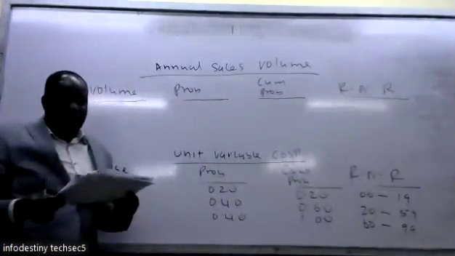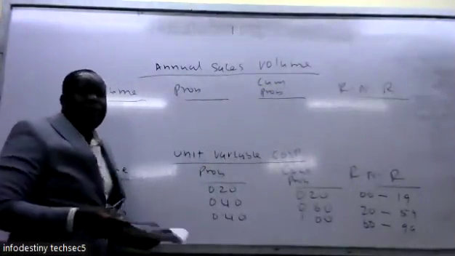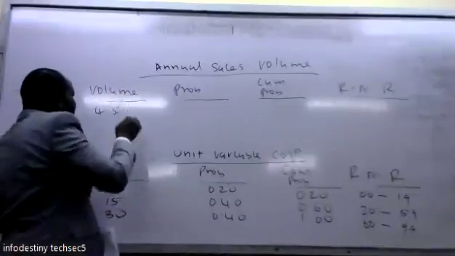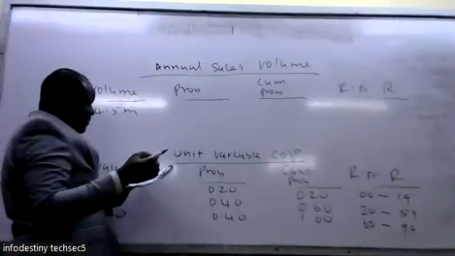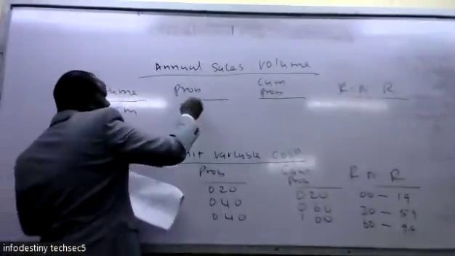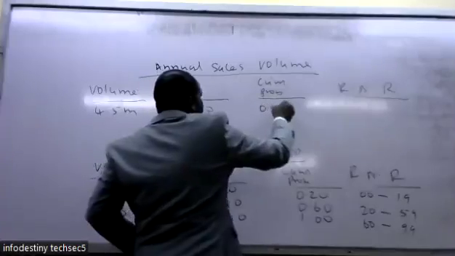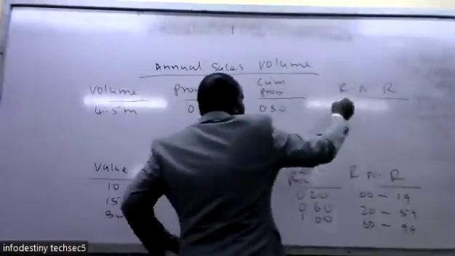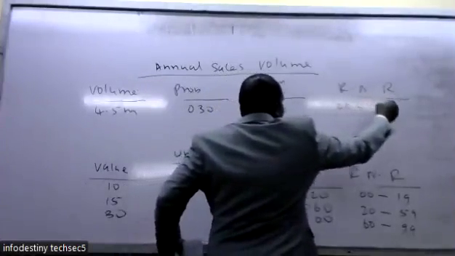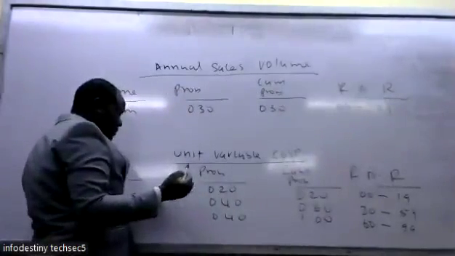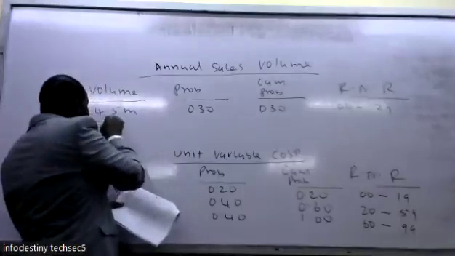So the first one is 4.5 millions. Probability is 0.30. So cumulative is still 0.30. Then the range will be 0 to 29. There is also 6 millions.